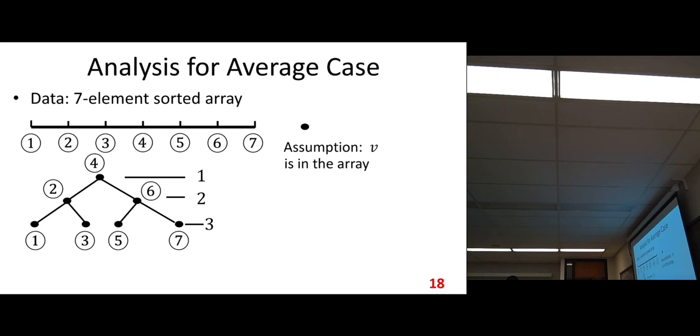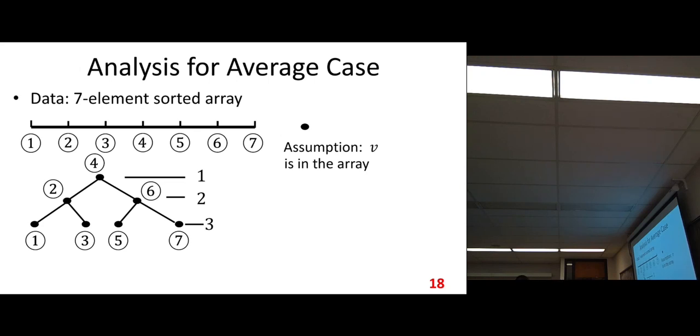Now look at this diagram. How do you calculate the average case efficiency? Count all the comparisons and divide by 7. We have 7 cases. You need to add up the comparisons for all 7 cases, then divide by 7.